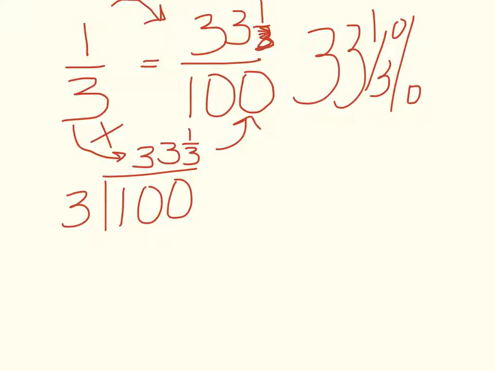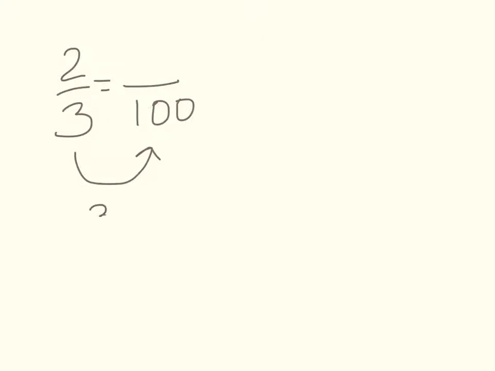Now, let me show you once more, taking that another step further. Another one that's good to have memorized is 2/3. But see, it's going to work the exact same way, except this is times 33 1/3 here, hopefully if you remembered that.